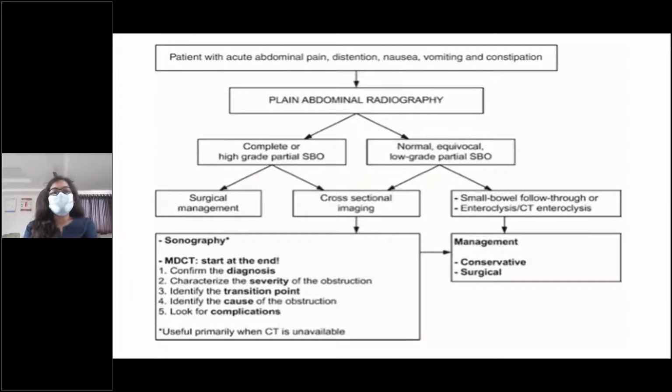Now coming to the systematic approach, when a patient presents with abdominal pain, distension, and such symptoms, first, as a radiologist, we go for an erect abdomen X-ray, that is plain abdominal radiography.